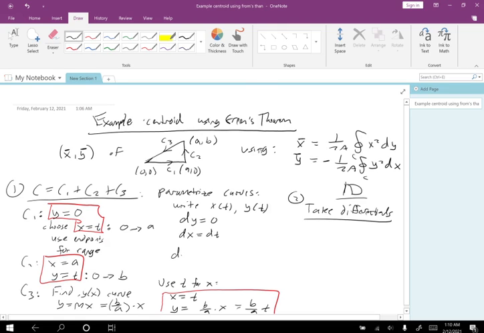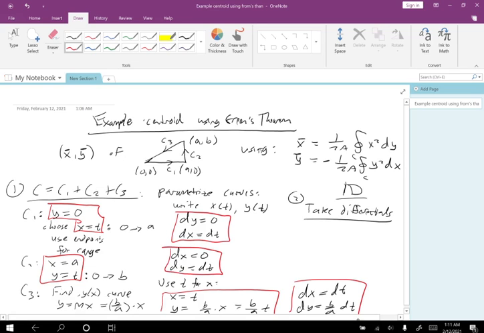On the other hand, dx is 0 for C2, and dy equals dt. Finally, for C3, dx is dt, and dy is b divided by a times dt. These are the last pieces of information we need to write that integral down.